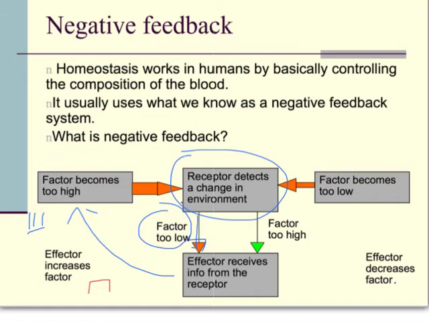If it's the other way around, if your temperature's too high, so you're too hot, again the hypothalamus receives that information and is going to send that information to the effector, and again the effectors could be your liver to slow down your metabolic rate, your skeletal muscles to stop them from contracting so you're not shivering anymore.